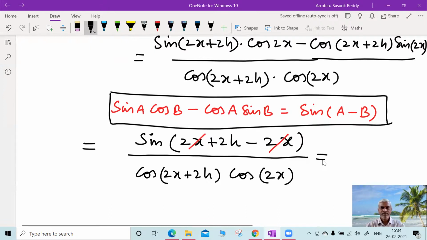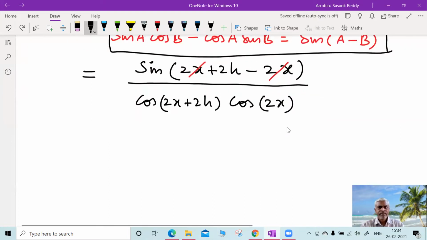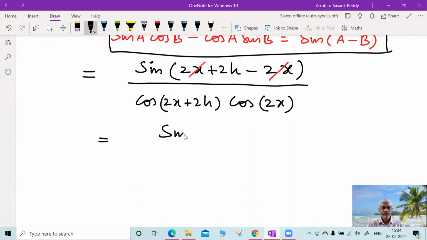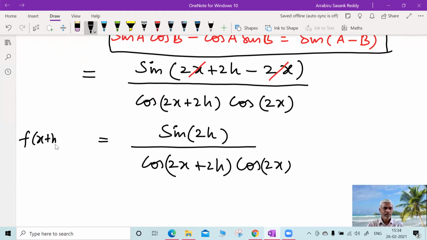So this can be written as sin 2h in the numerator, and the denominator cos 2x and cos 2x plus 2h. This is f of x plus h minus f of x.